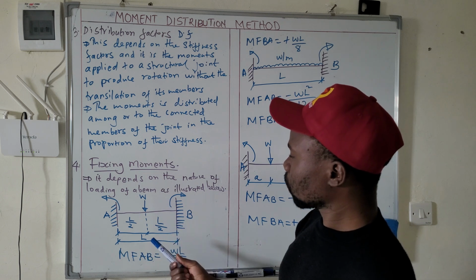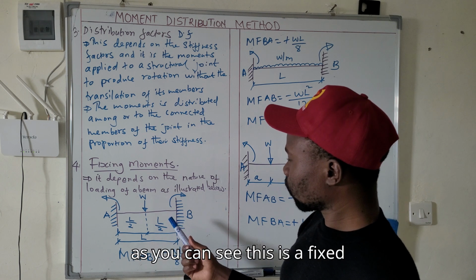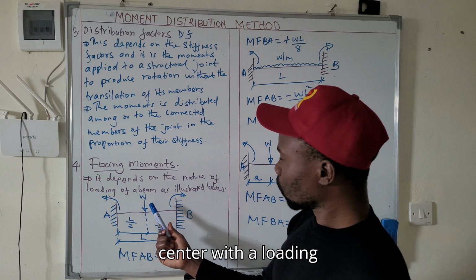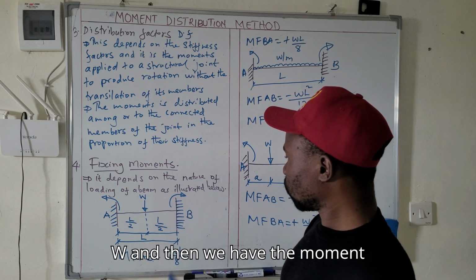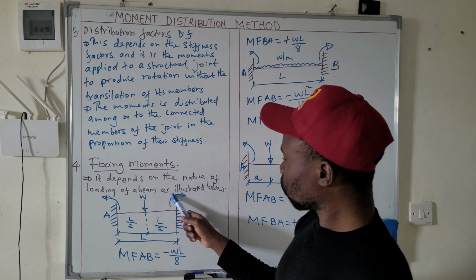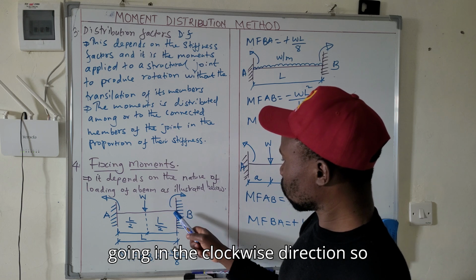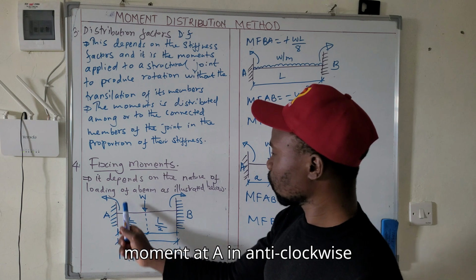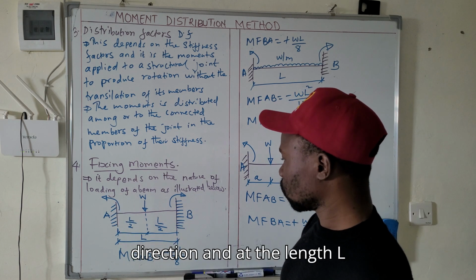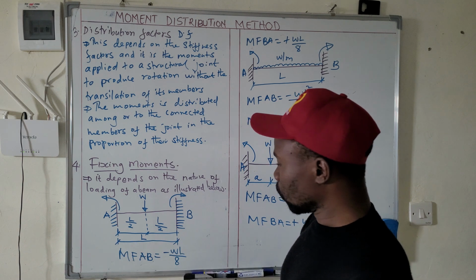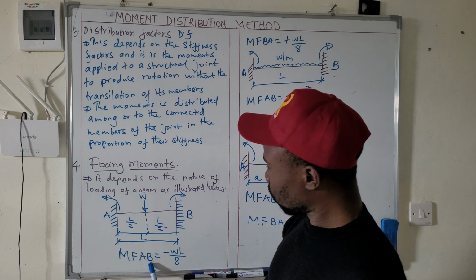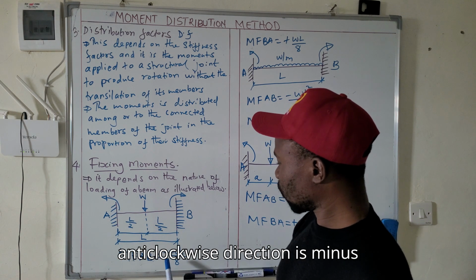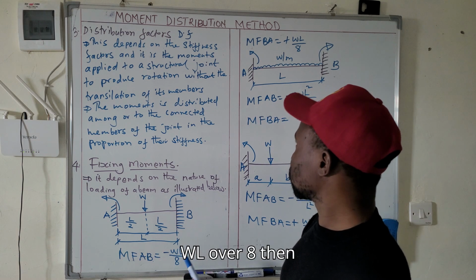Case number 1, as you can see, is a fixed beam loaded at the center with a load W, with the moment going in the clockwise direction, and the moment at A in the anti-clockwise direction, and the length L. So fixing moment AB, going in the anti-clockwise direction, is minus WL over 8.